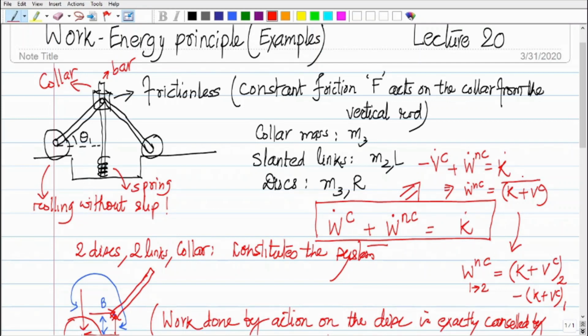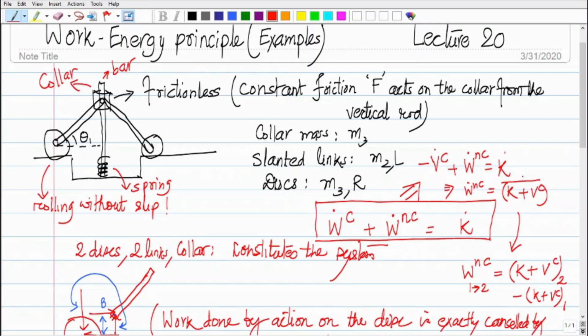And we may also be interested, for example, in finding out what is the acceleration of the collar at the instant when it is just left from this position. So at theta equal to theta 1, we were holding it and we leave it. Then due to gravity, the collar is going to go down and there is friction acting. So at that instant, what is the acceleration of the collar?